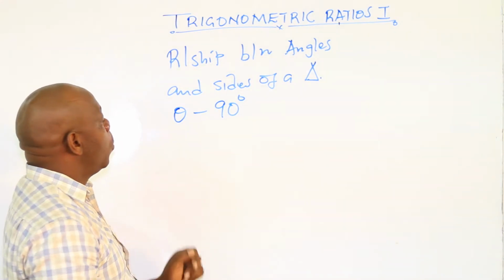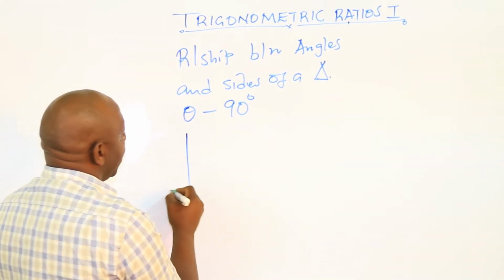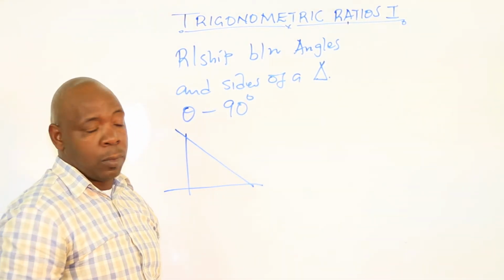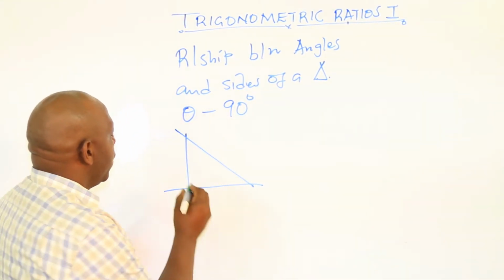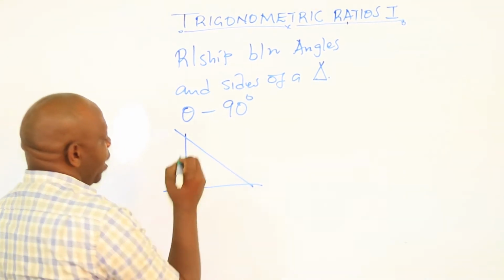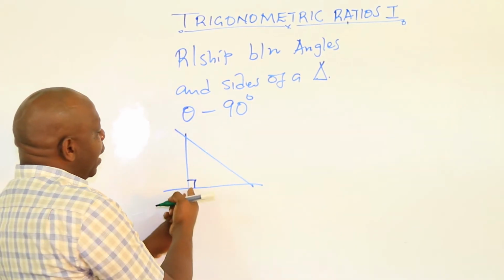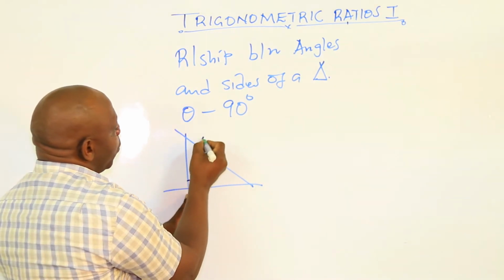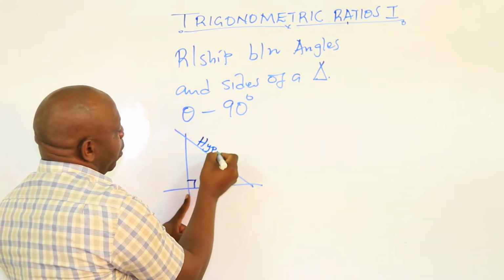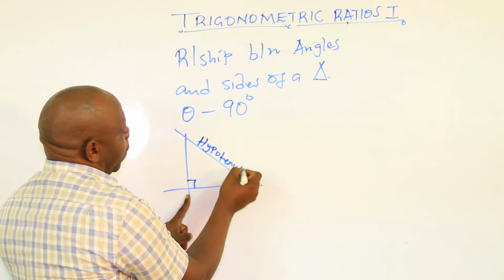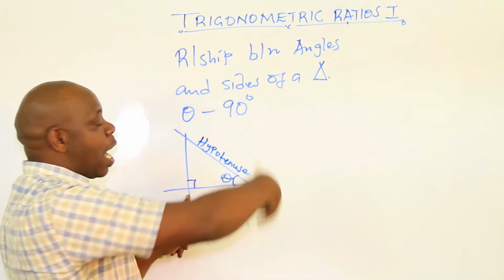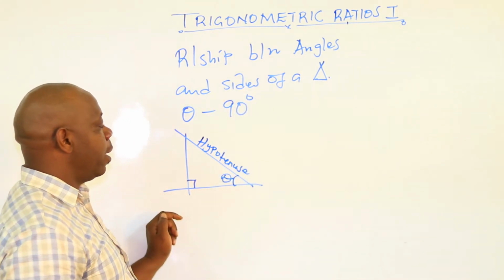And therefore, we use what we call the right triangle. In the right triangle, this angle here is 90. The side that is opposite the right angle here, we refer to it as the hypotenuse. If we consider this to be our subject angle, we refer to it as theta.